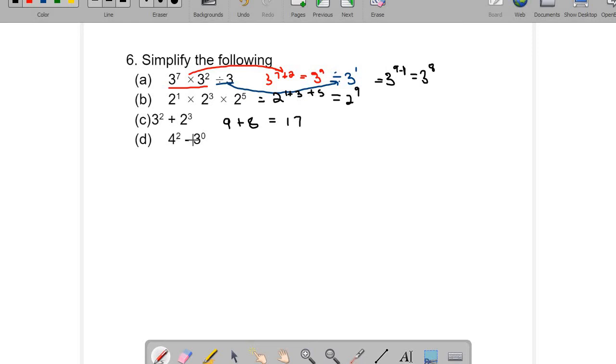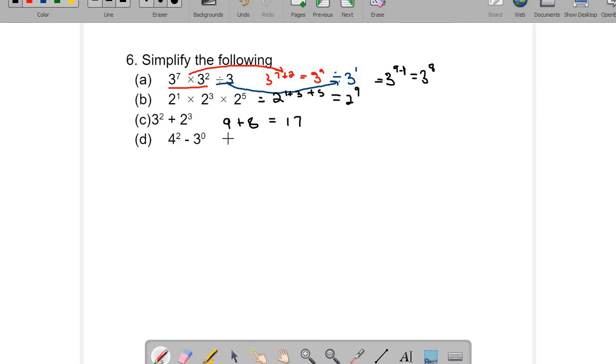Okay, here's another example of where we cannot apply the law of indices. Well, there is just one law. This one, you're not really calculating anything. It's just a rule of thumb. This one says any number raised to the power of 0 is equal to 1.